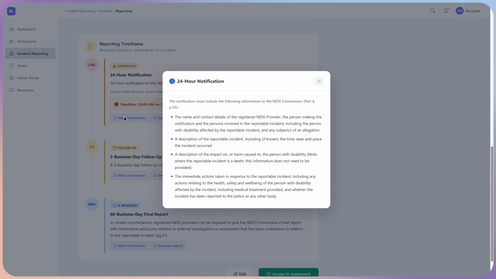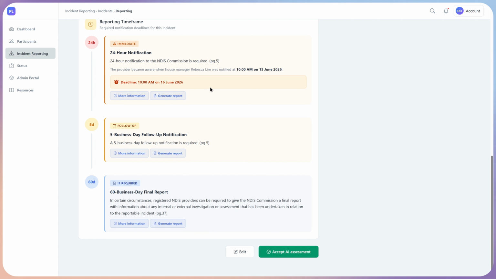And if you click more information, it tells you that the notification must include the following information to the NDIS Commission. And it's telling us that this is all the information that is needed to be submitted. And for this incident, it's also telling us that a 5 business day follow-up notification is also required. And in certain circumstances, a 60 business day final report might also be required.